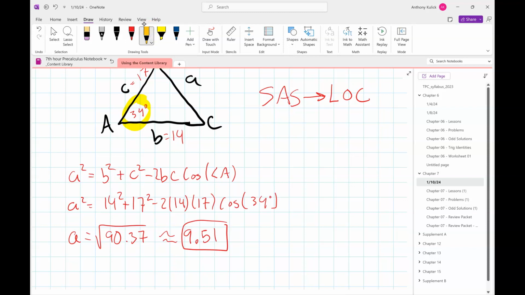So now we need to find either angle B or angle C. This time the order matters. We need the smallest of the two angles first.